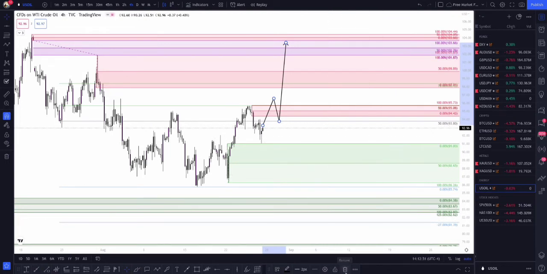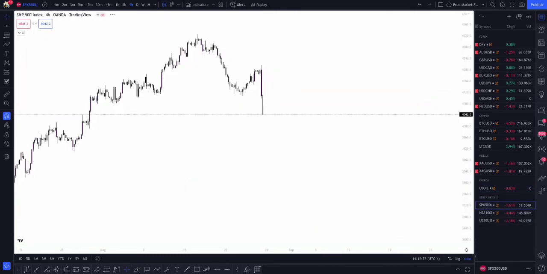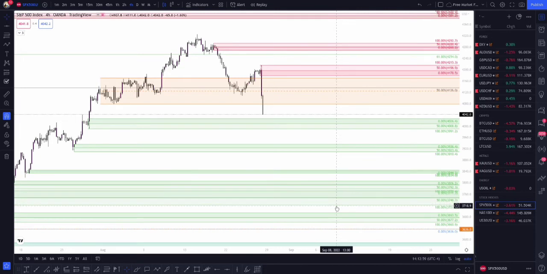But again, from the onset, I'm looking to take U.S. oil long. Okay, SPX 500. We have more long positions reported for the SPX 500. So overall I am bearish on the SPX 500.